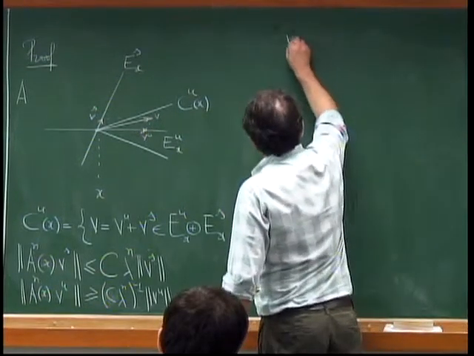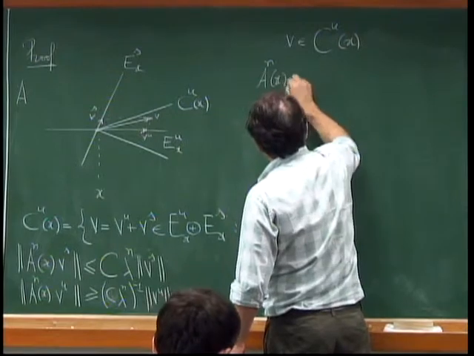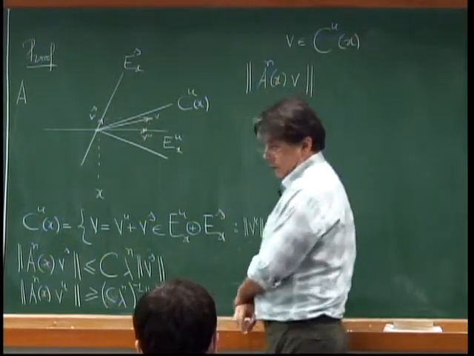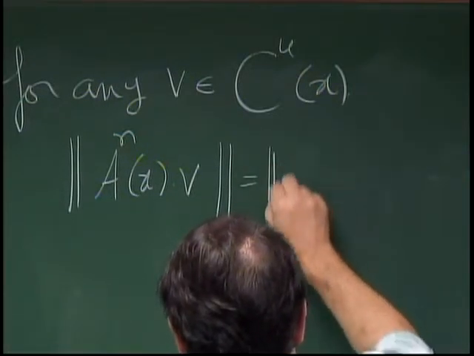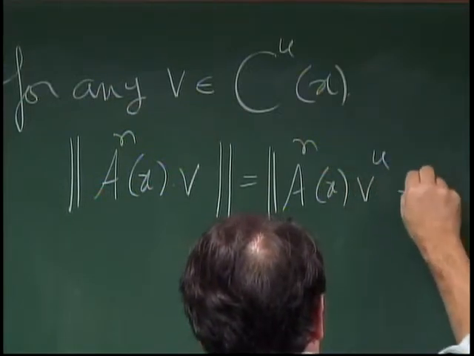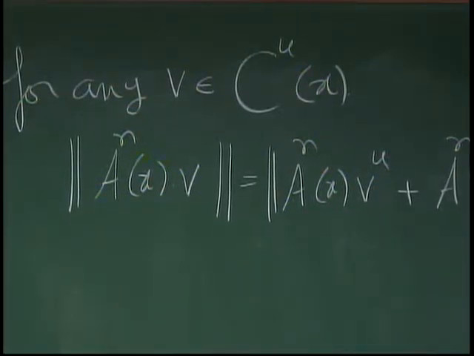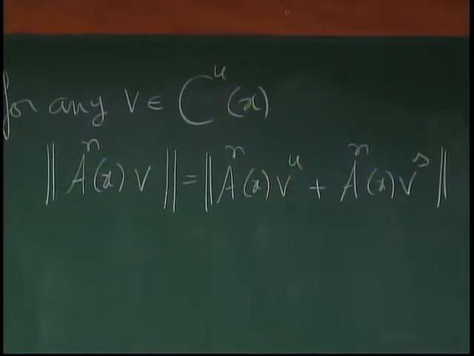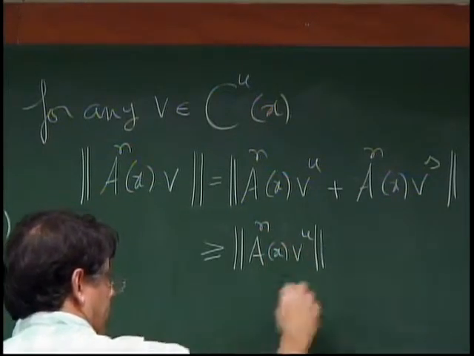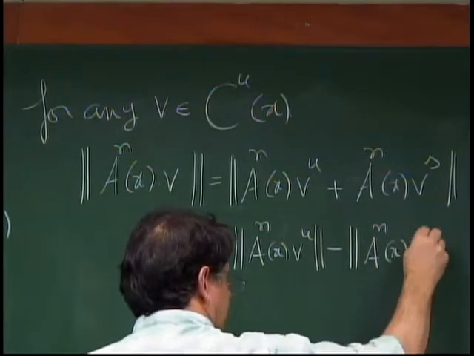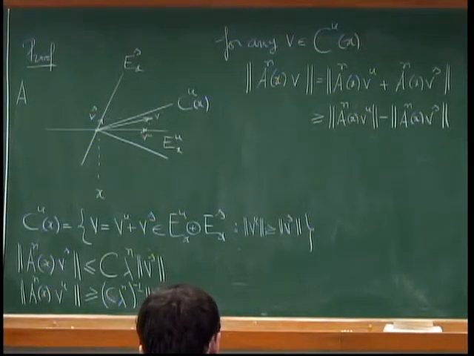Okay, so if you take v inside that cone, and you start to iterate, the iterates are just the sum of A^n_x v_u plus A^n_x v_s. This is a linear map. Now you have a sum, and you do something that is always very dangerous, which is to bound from below by the difference. Why is this dangerous, but I'm not very worried?